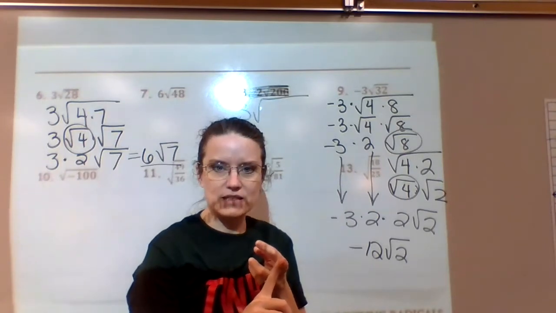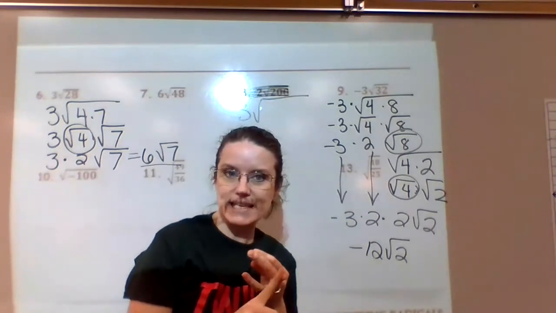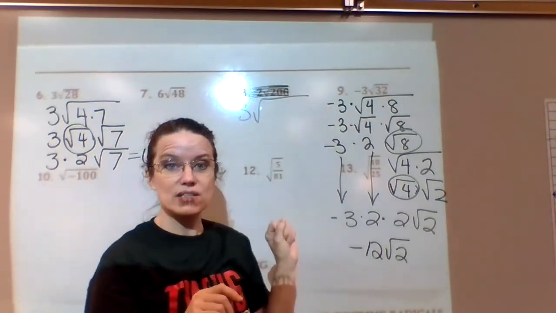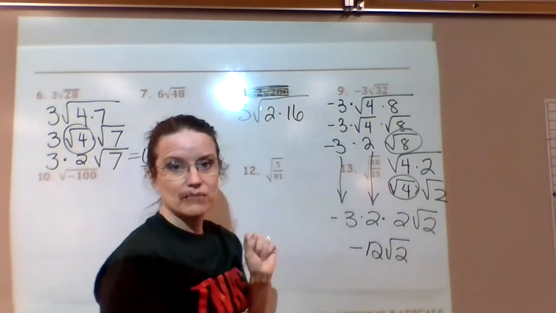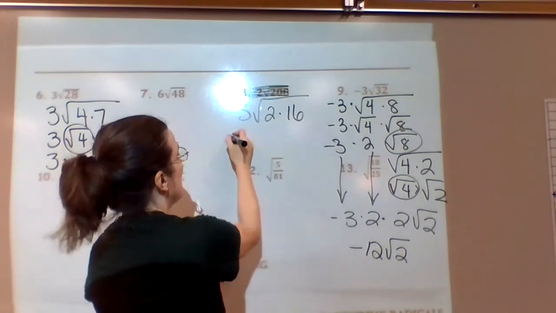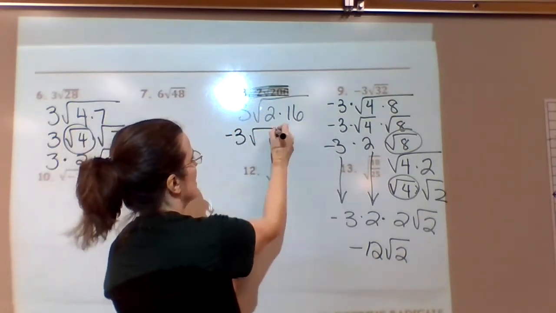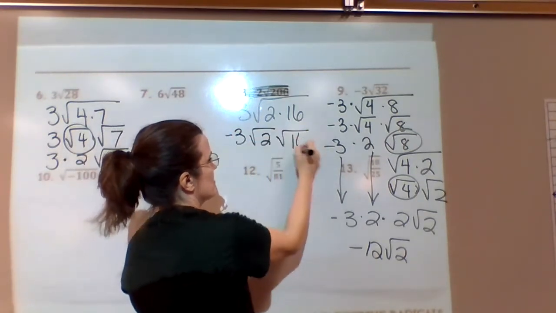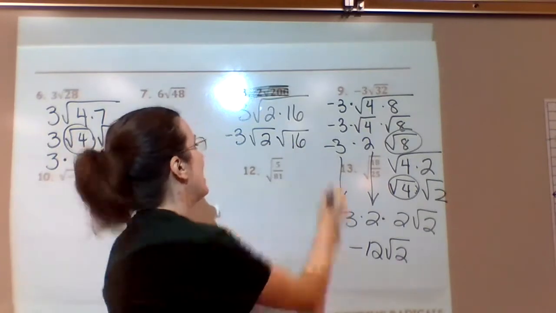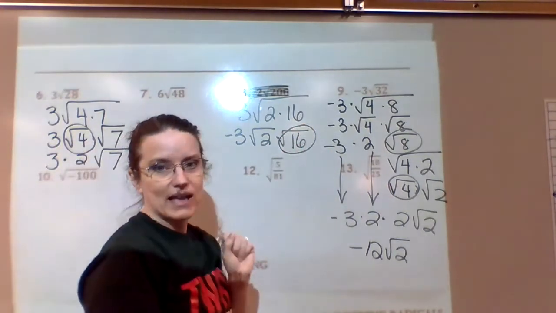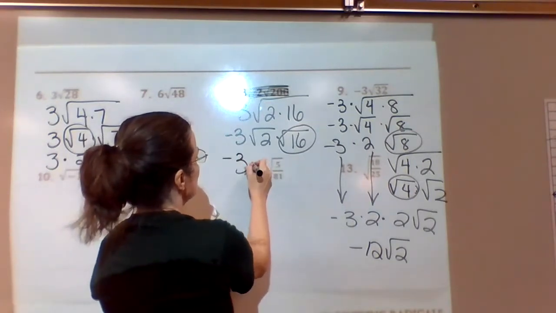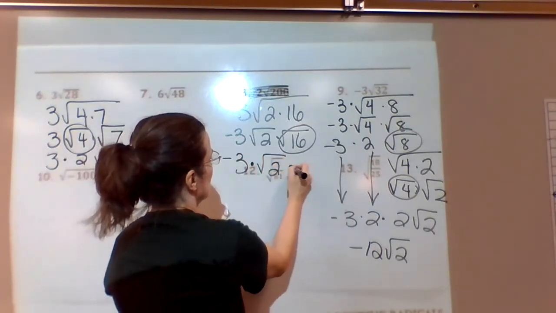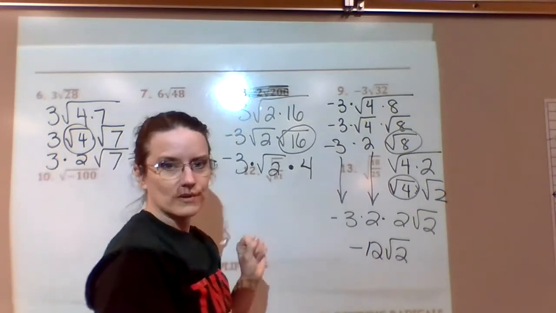No. What's the next perfect square? 16. 16 goes into 32. 2 times 16 makes 32. So now I could say negative 3 times the square root of 2 times the square root of 16 here. And now I can simplify that square root of 16.